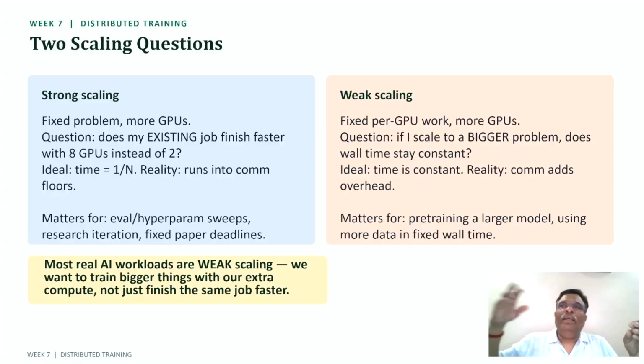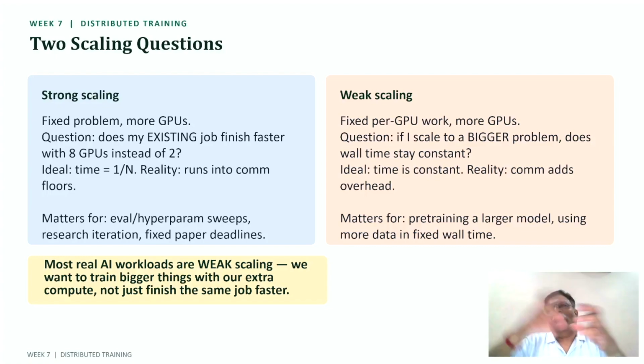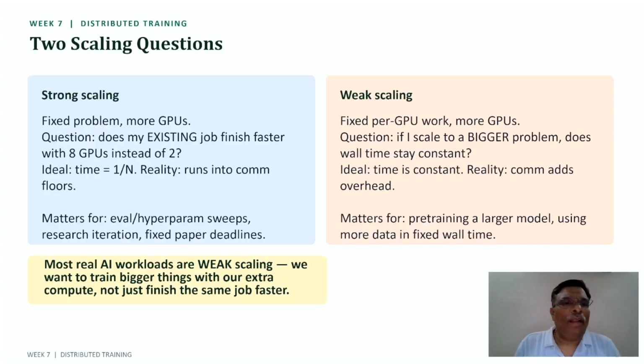If you relate it to Amdahl's law, it is the situation wherein the number of processors becomes infinite, right? So the serial portion stays and the parallel portion completes in 0 units of time. This basically means: does my existing job finish faster with 8 GPUs instead of 2?